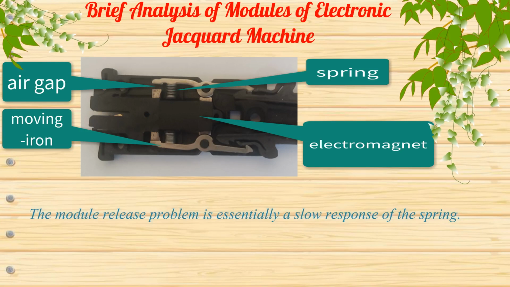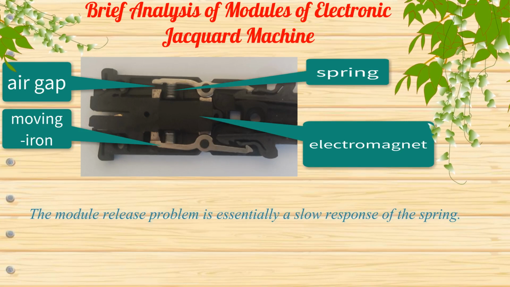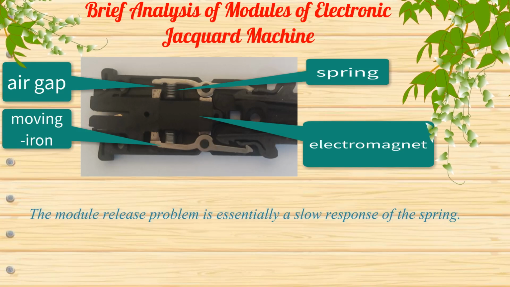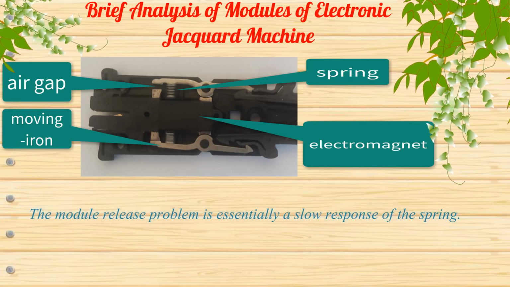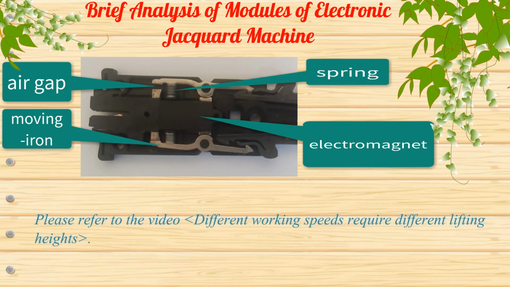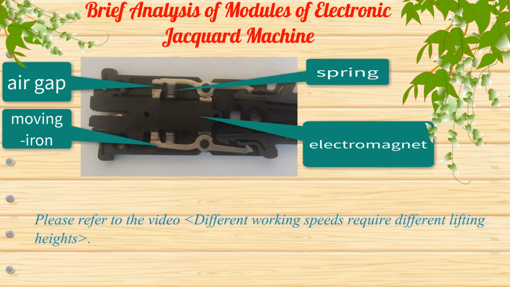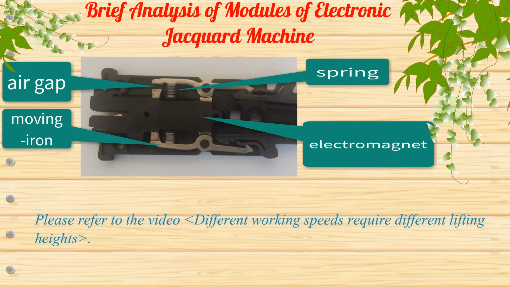The module release problem is essentially a slow response of the spring. Please refer to the video. Different working speeds require different lifting heights.